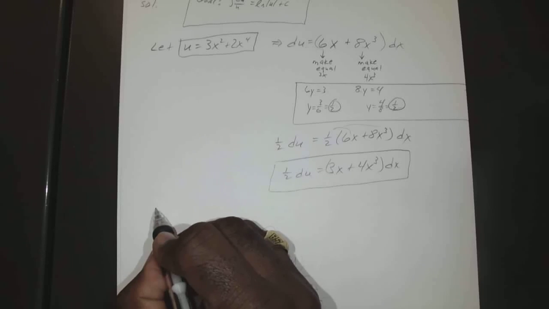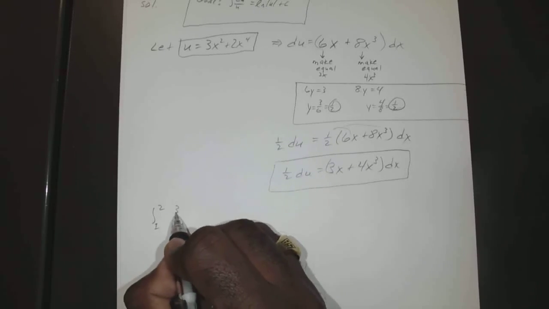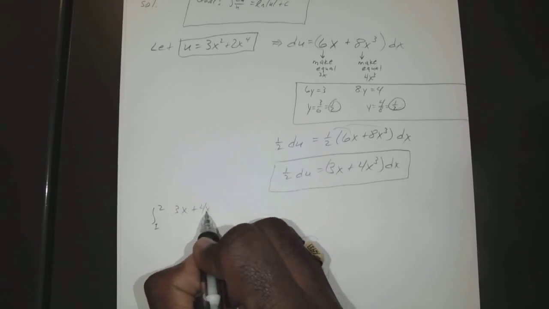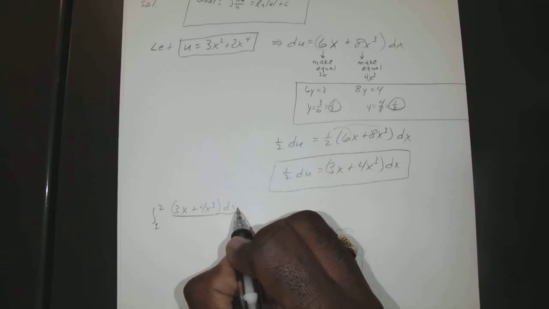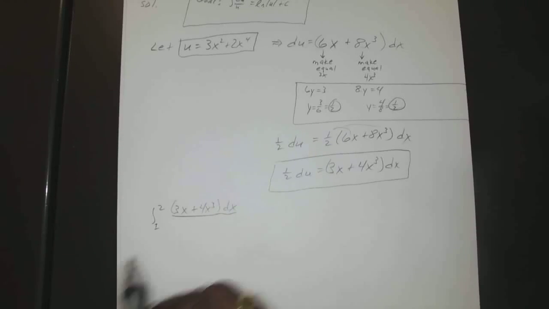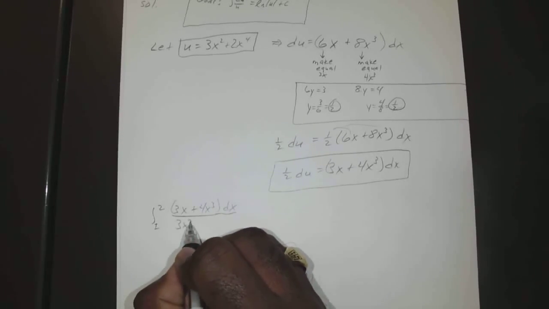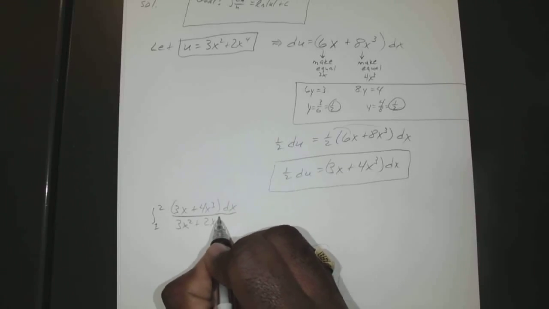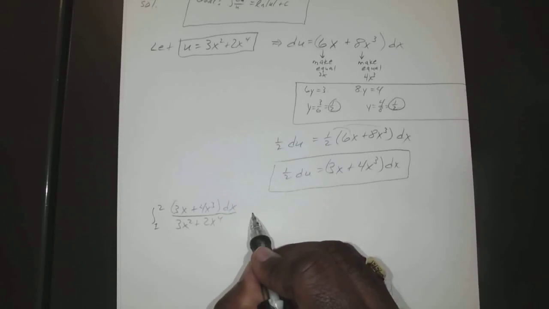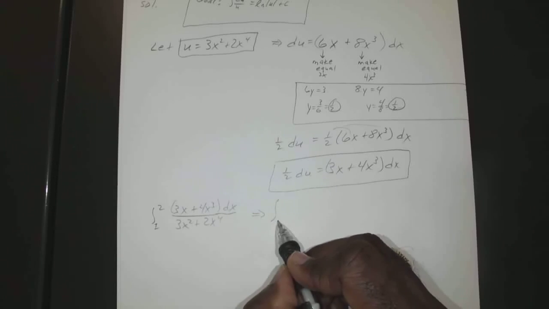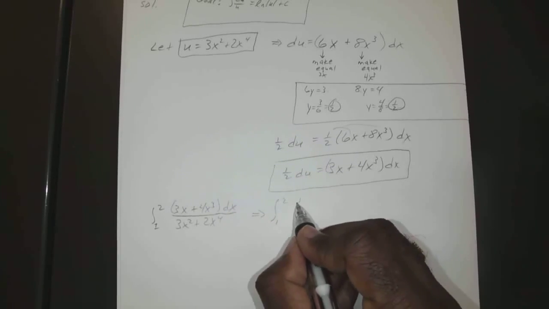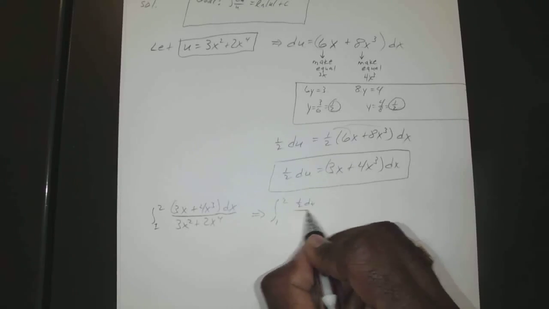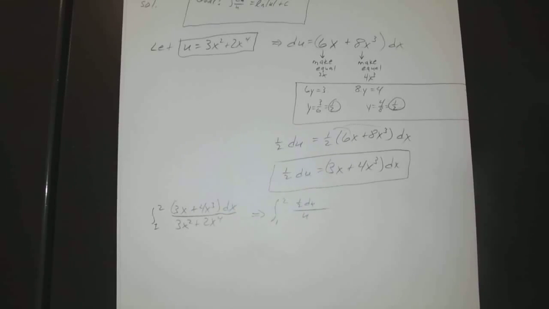Okay, so that means our integral from 1 to 2 of 3x plus 4x to the third, and I'll go ahead and bring my dx up here just to make it all look nice and neat, over 3x squared plus 2x to the fourth, becomes the integral from 1 to 2 of 1/2 du, or 1/2 times du over u.